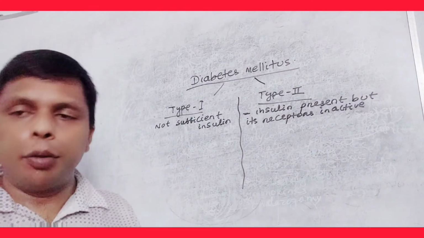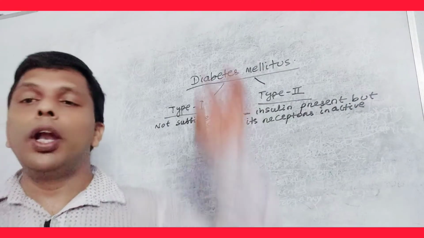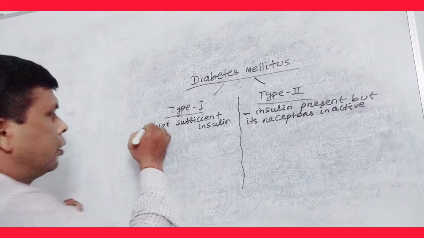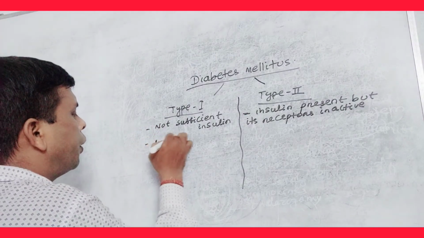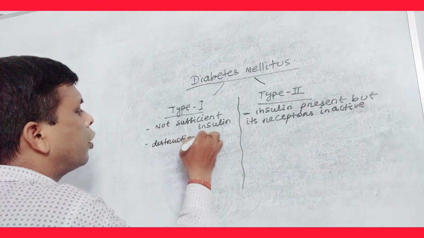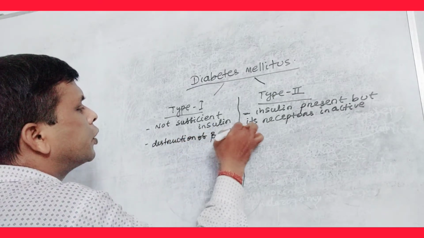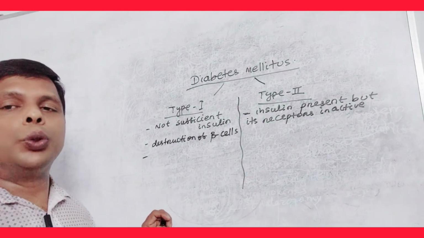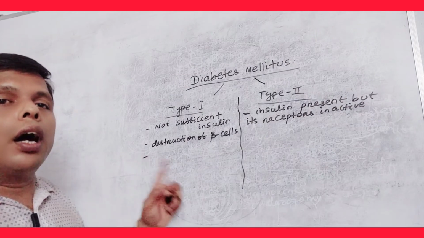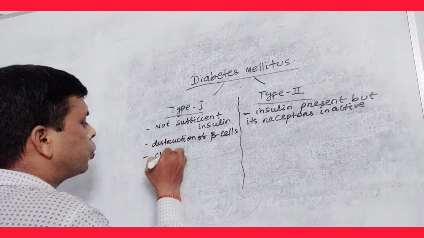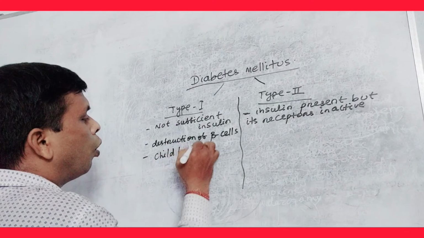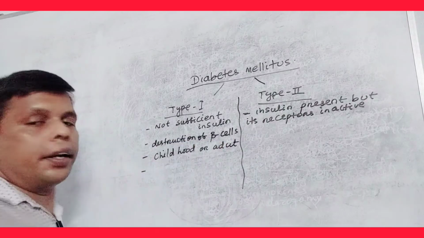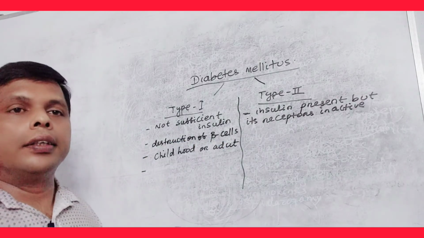In type 1 mellitus, the insulin producing cells get destroyed. Here it is due to destruction of insulin producing cells, that means beta cells. It usually occurs in childhood, but also at adult stage; at any stage it can happen.